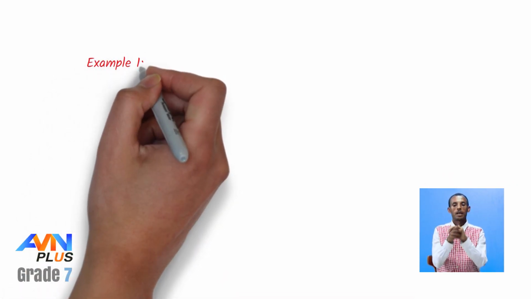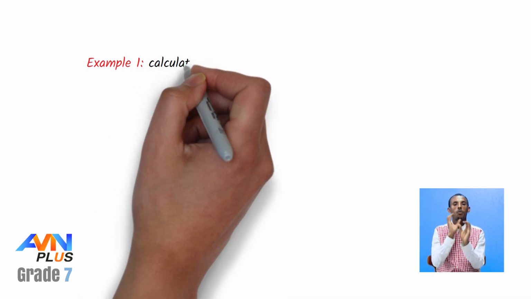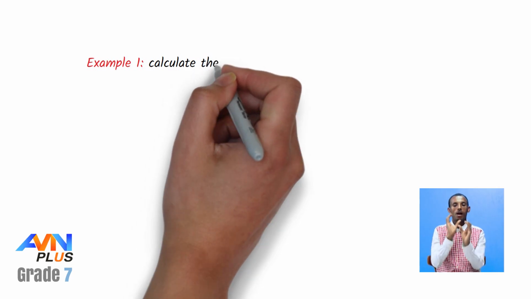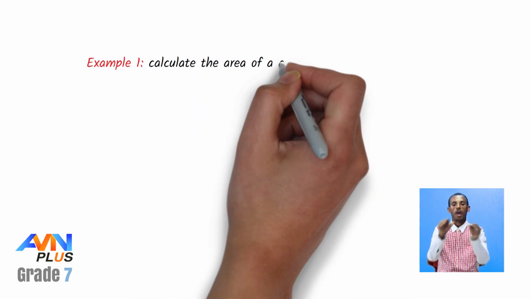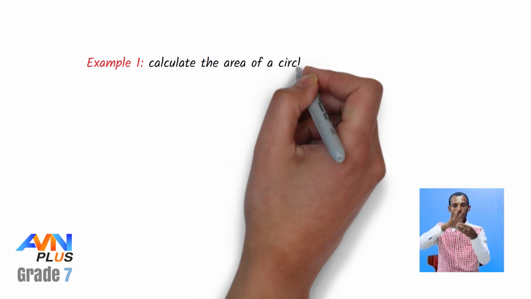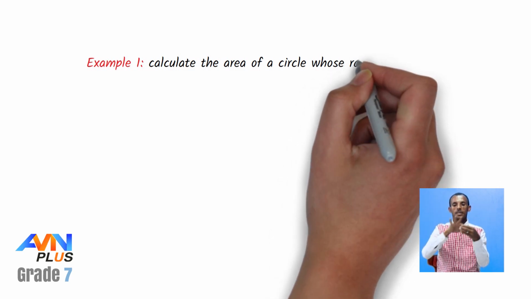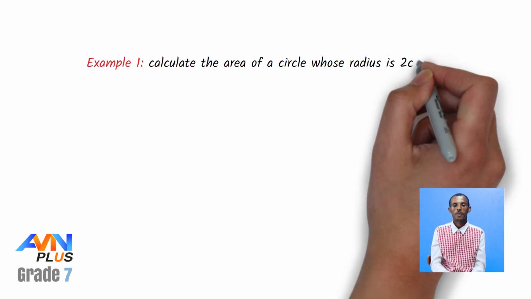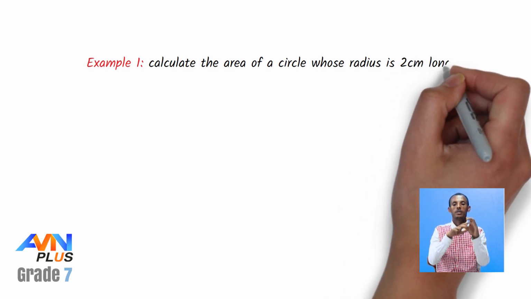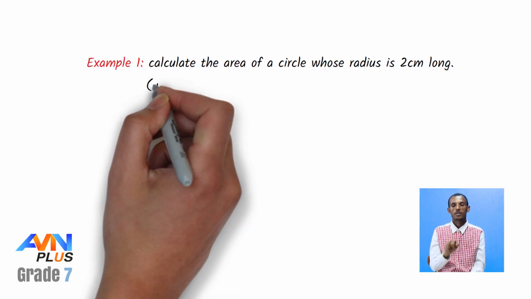Example 1. Calculate the area of a circle whose radius is 2 centimeter long.